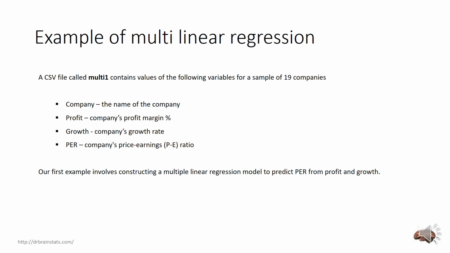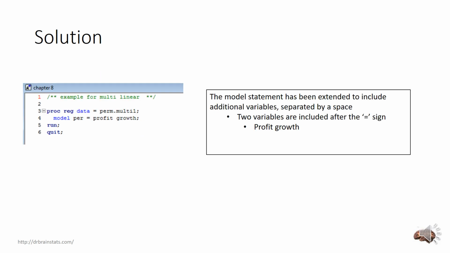Our first example involves constructing a multiple linear regression model to predict PER from profit and growth. As we can see from the solution, it is very similar to our simple linear regression code, apart from now, instead of having one variable, we have two: profit and growth.